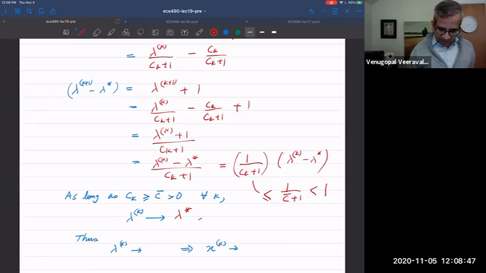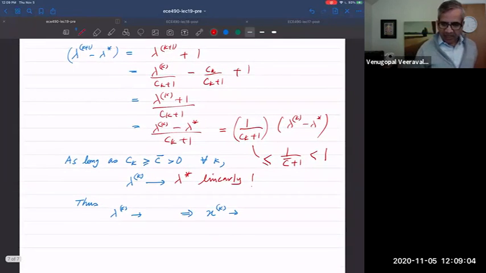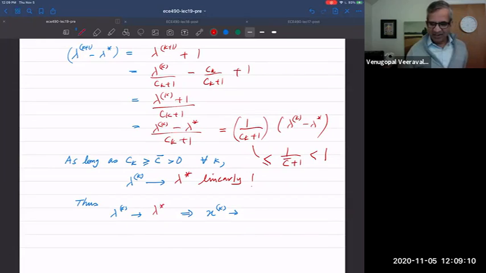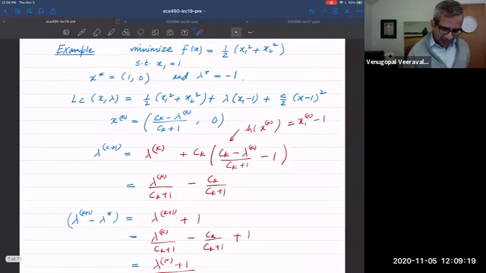So it's basically what we call linear convergence. And since lambda_k converges to lambda star, x_k converges to (1, 0). Why? Because x_k is given by this expression here, and this is going to lambda star, which is minus 1, so this ratio is going to 1.